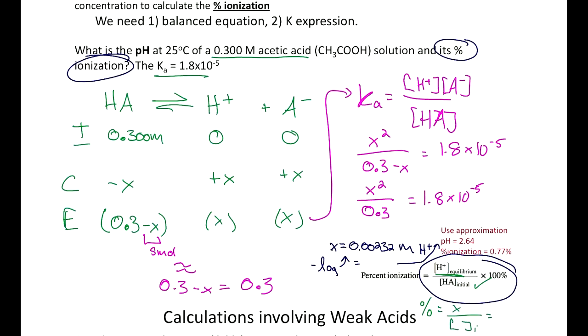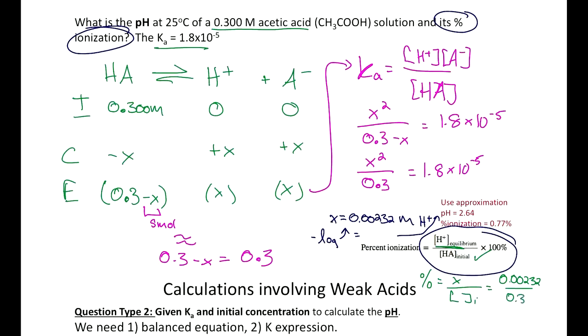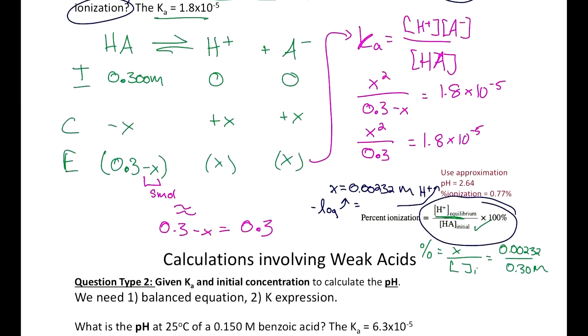So in the context of this question, it's 0.00232 over 0.30 molarity, times 100. I get that this sample is less than 1% ionized. It's 0.77% ionized. That's less than 1%.